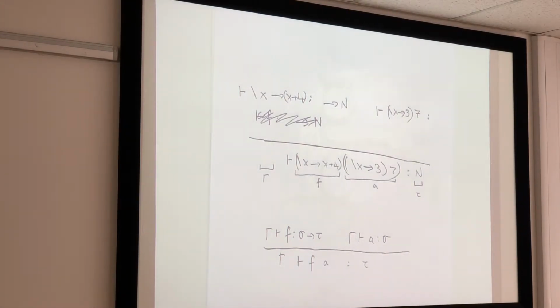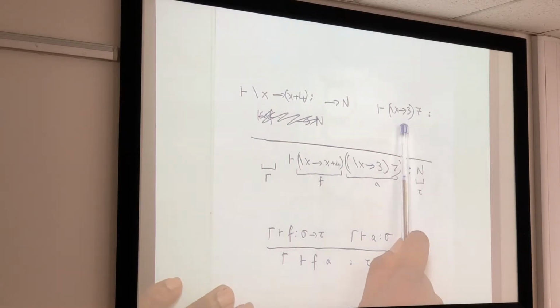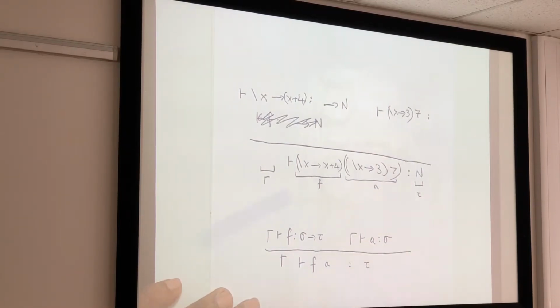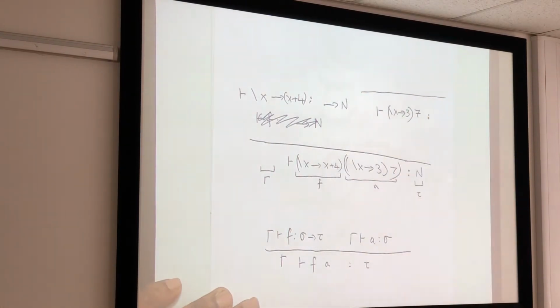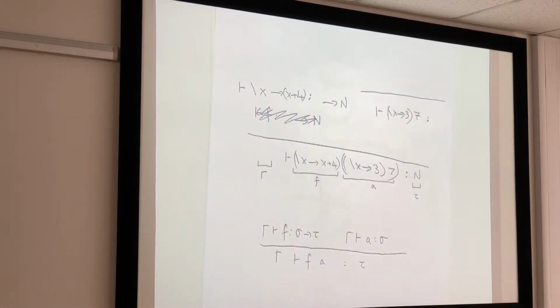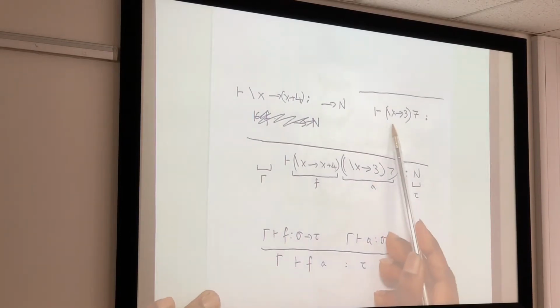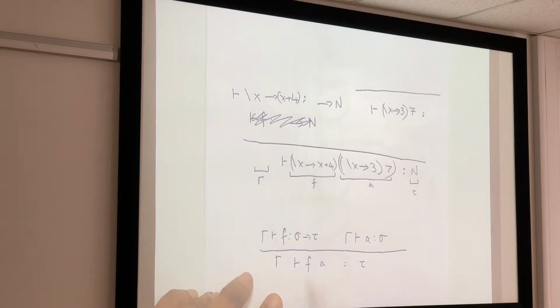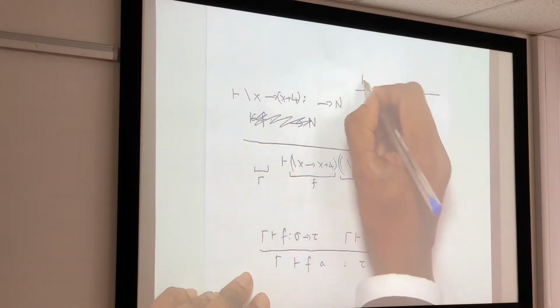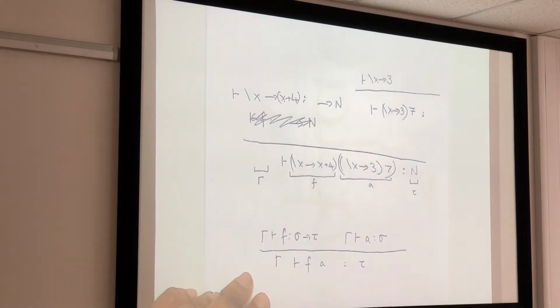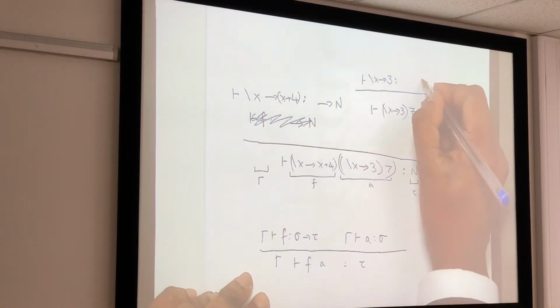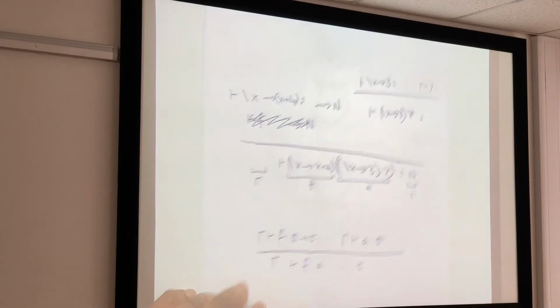Okay, that's fair enough. So let's do this one again. Let's do some more work on this. So now I've got to work out what is the type of lambda x arrow 3 applied to 7. I use the same rule again. So I need to know what is the type of lambda x arrow 3, that's type something, and I need to know what is the type of 7.